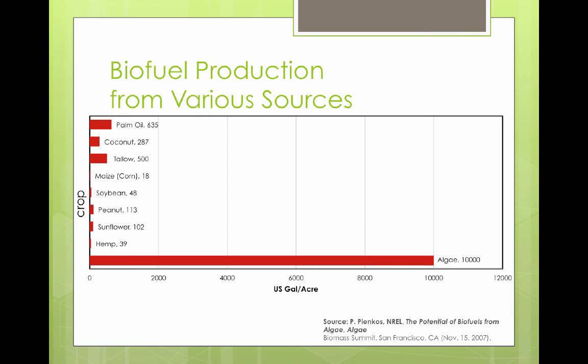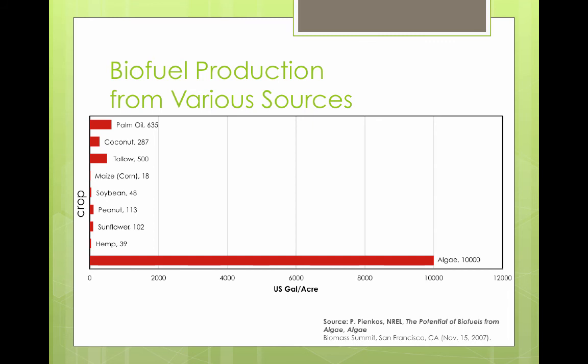So there are lots of sources that we could consider for biofuel production. Some are shown here. Most of these are crops: palm oil, coconut oil, various different oils. You can see corn, soybean, and other sources. And we estimate that algae could produce up to 10,000 gallons of oil per acre of production site.